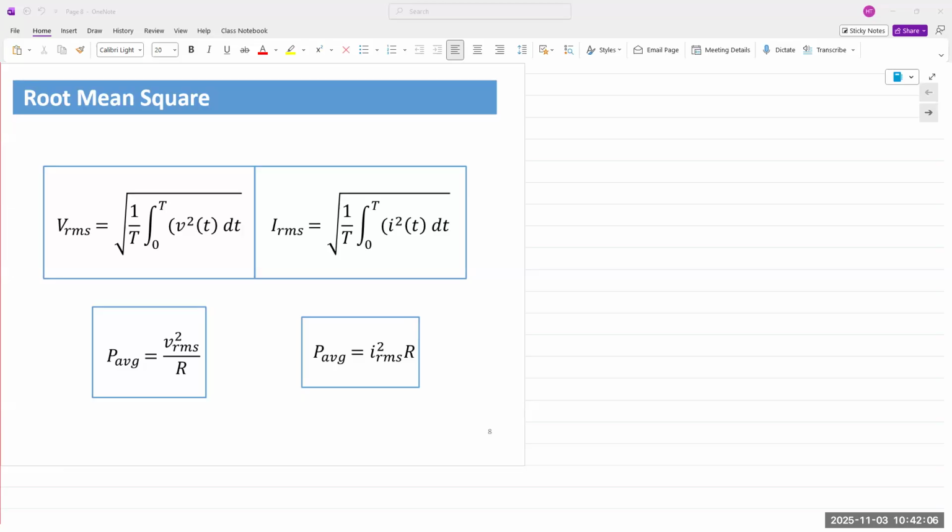The relationship for a capacitor and inductor is the time rate derivative or the integral. For a capacitor, with capacitor voltage V of t, capacitor current I of t is given by C dV over dt. The capacitor current is the time rate derivative of the voltage, and capacitor voltage is the integral of the current.